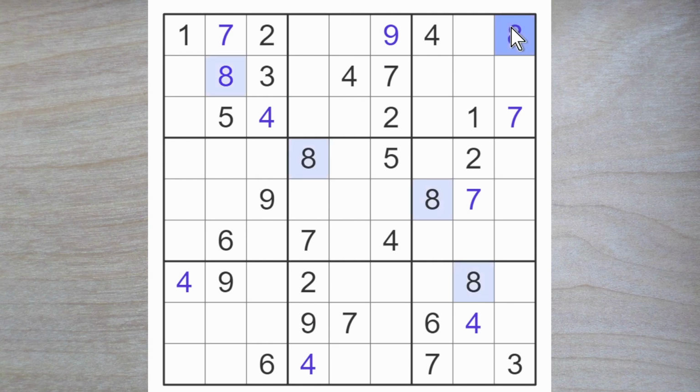An 8 for the corner cell, like so. Now we got an 8 in one of these two squares here, and in one of these 3 squares. We also have a 6 here or here, because these two 6s block across.